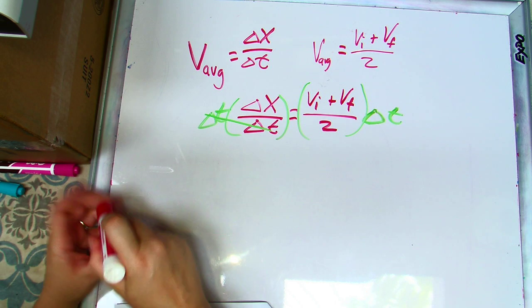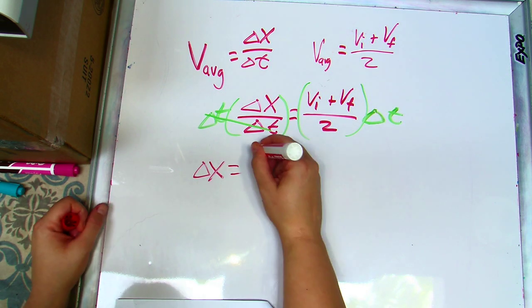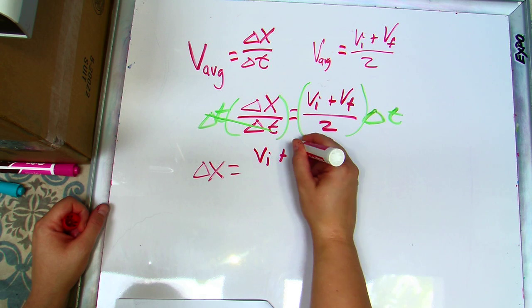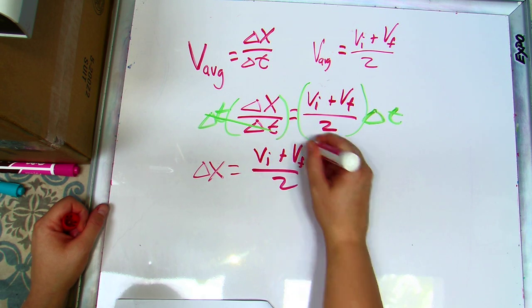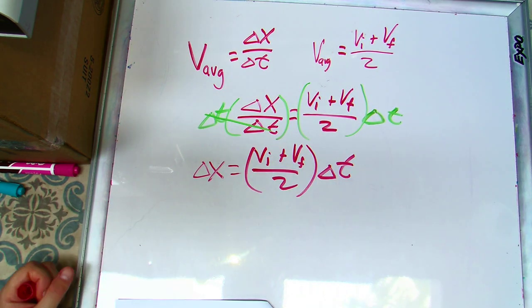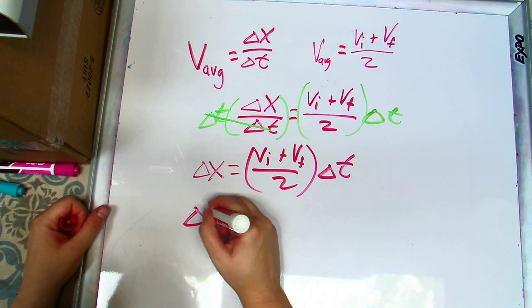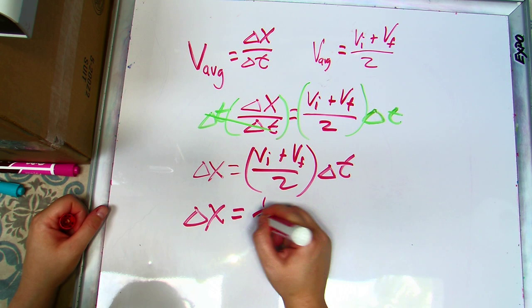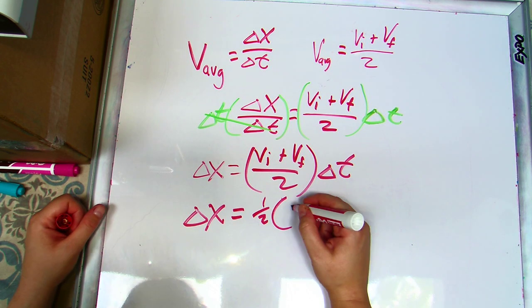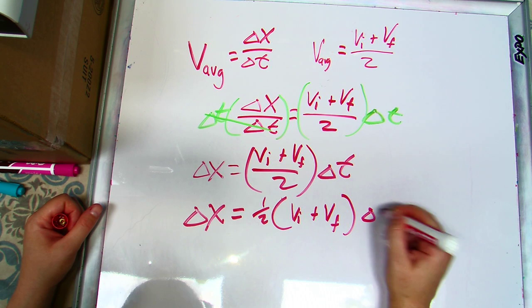And we are left with delta x equals vi plus vf over 2 times delta t. I'm just going to put this in a little bit easier way to look at: 1/2 times vi plus vf times delta t.